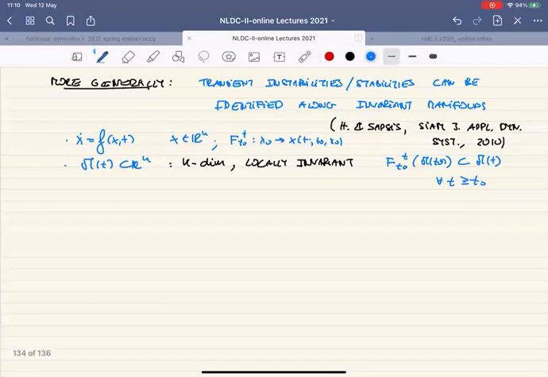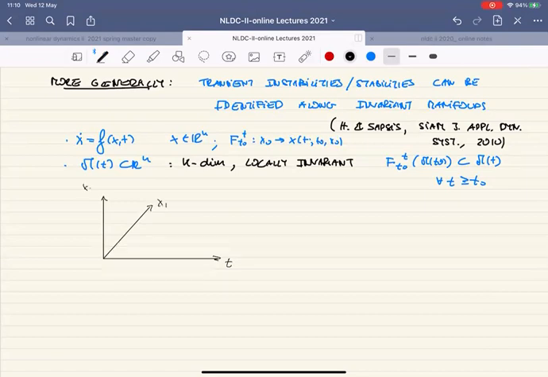To reconcile it with the picture that I've been drawing for manifolds, let's just look at things in the extended phase space. So I will have time here, and I will have some of the variables, say x1 is here and x2 up to xn are here.